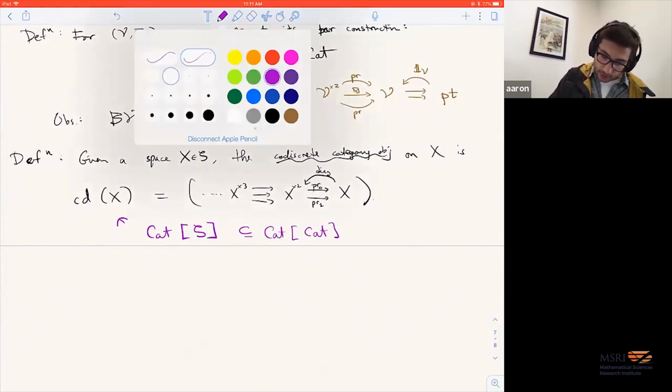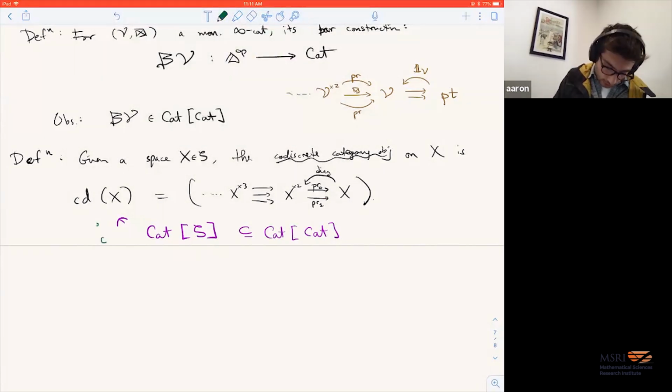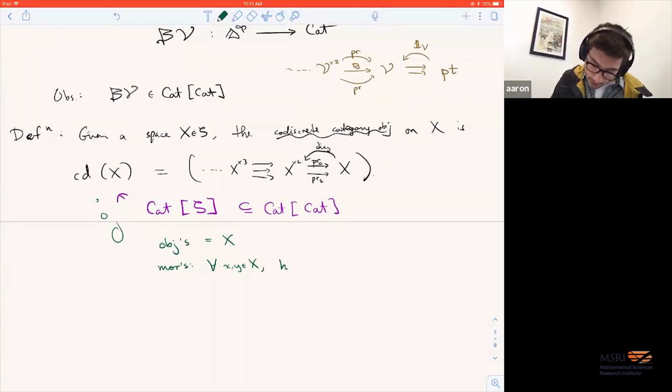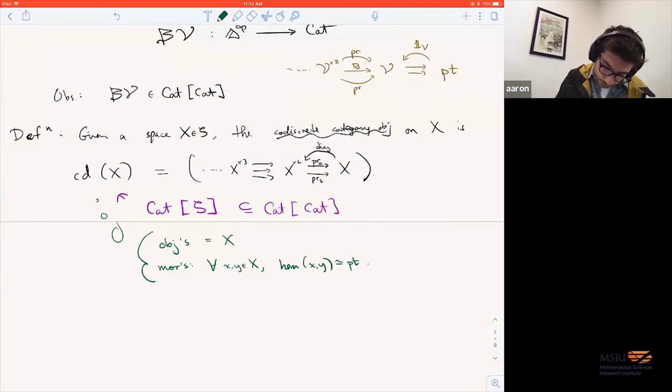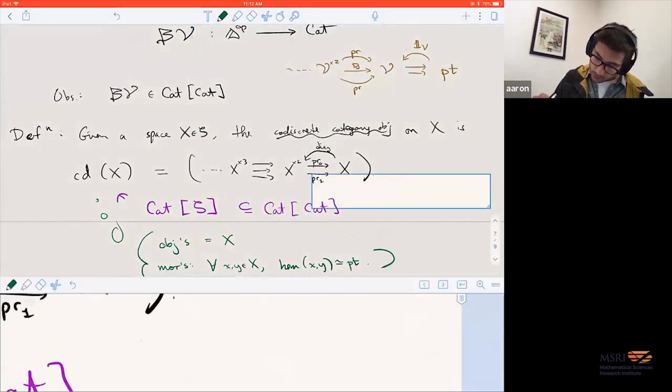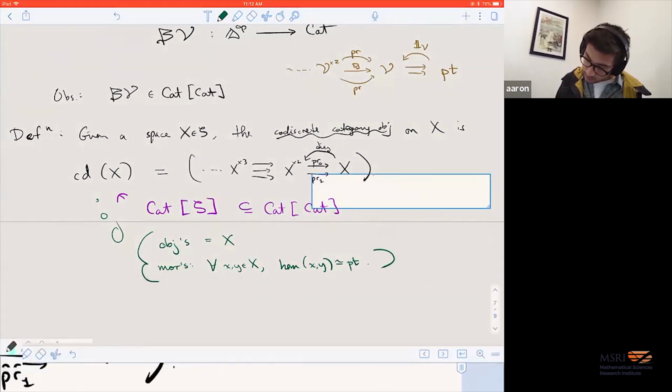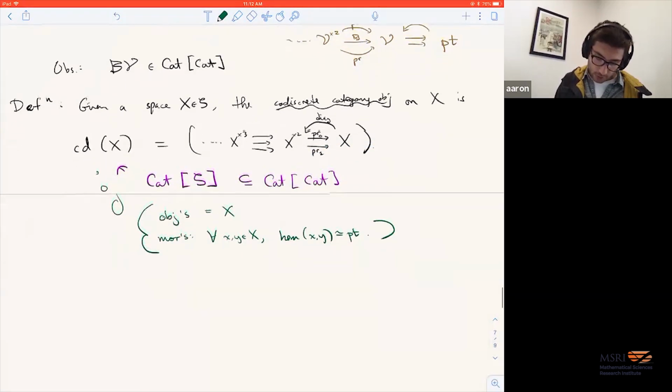And as a category object in spaces, you can think of its space of objects as X, and then for its morphisms, for any two points in X, I have to tell you what the morphisms are, and the Homs are contractible.